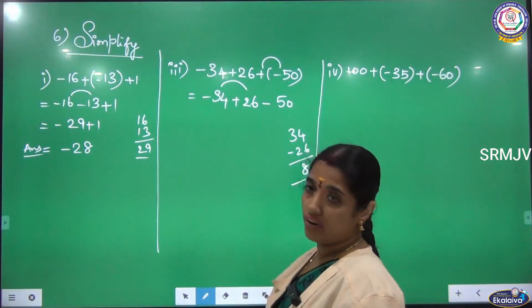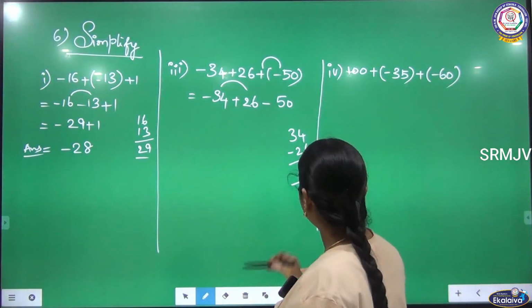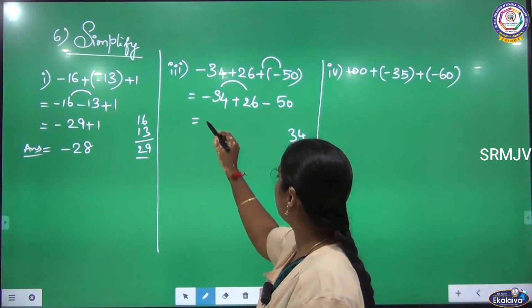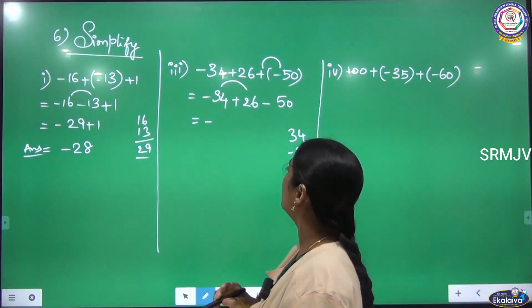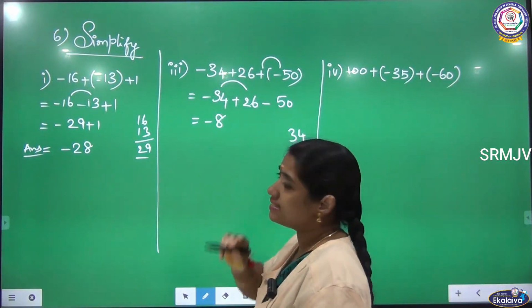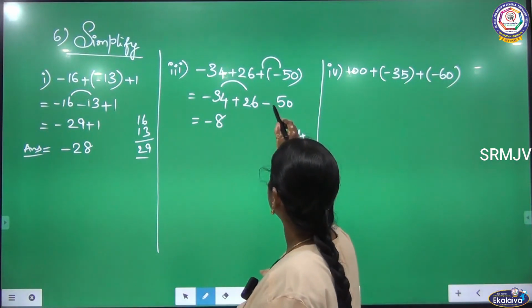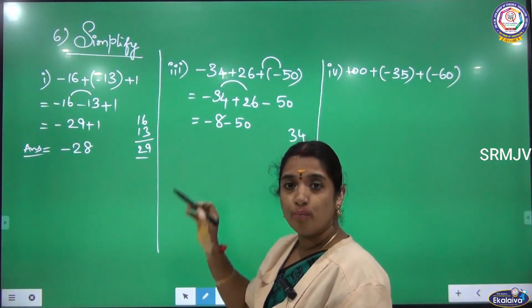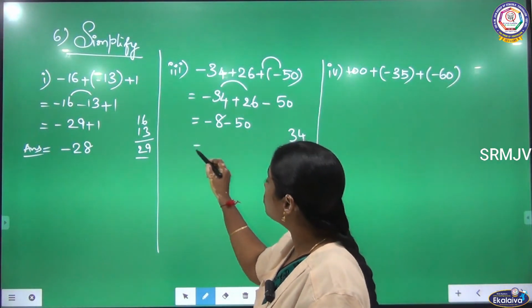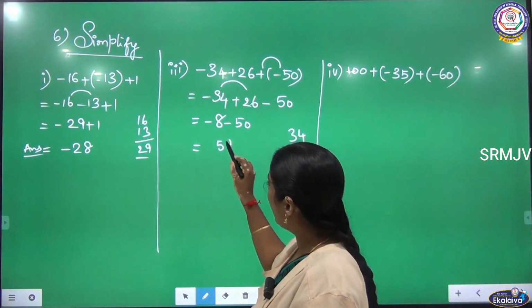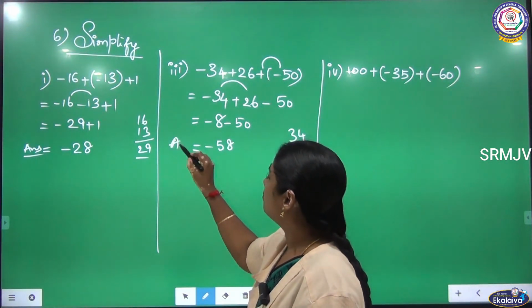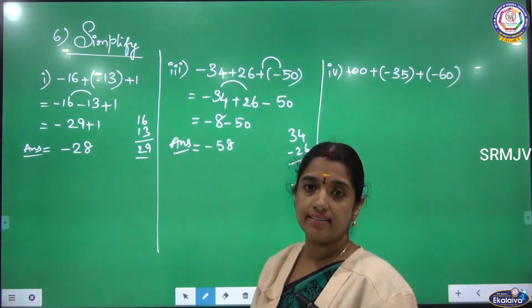Is it clear or not? And the one having here negative is greater, so put the negative symbol, minus 8. And minus 50 is there. Both the signs are same, so I can add and put the symbol, minus 58. Can you clear this, children?